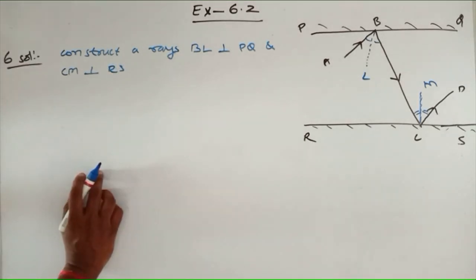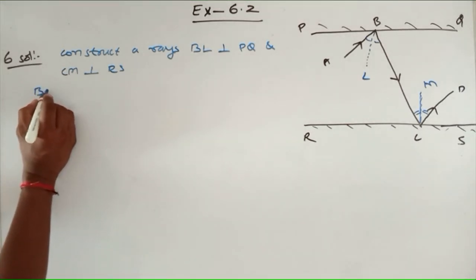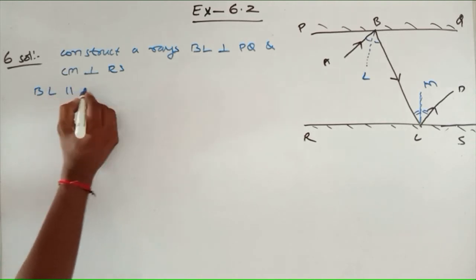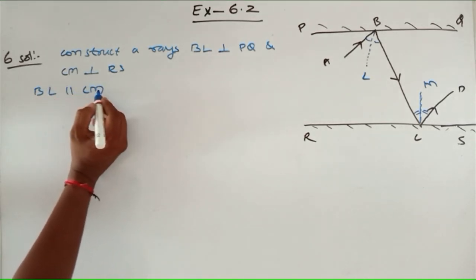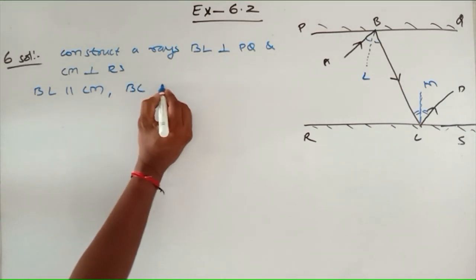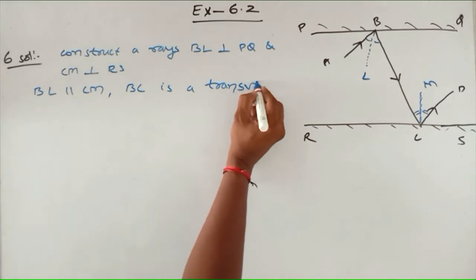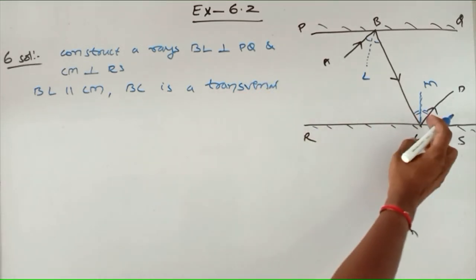Okay. Now therefore BL is parallel to CM and BC is a transversal, because here these two are equal.